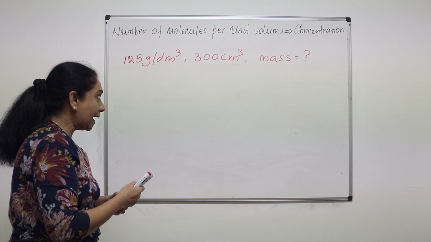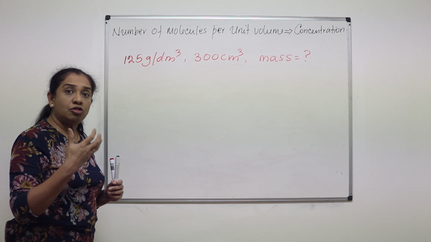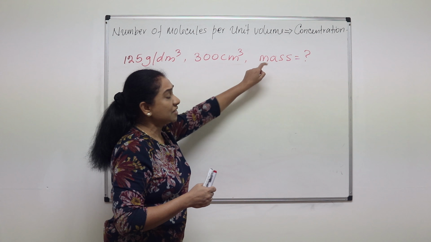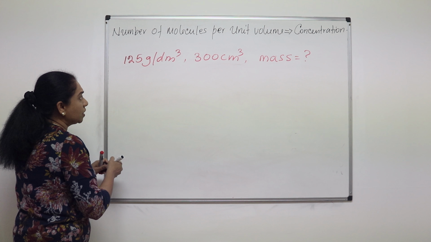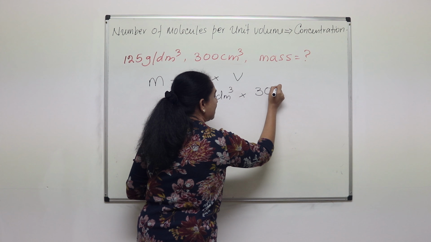Again, as I said before, first of all, we are going to write down the equation. This is related with the mass. So I'm going to use the equation mass is equal to concentration times volume. The concentration is 125 grams per dm cube and the volume is 300 cubic centimeters.